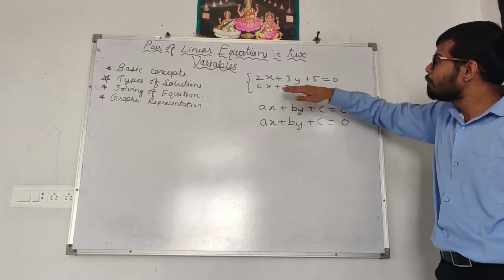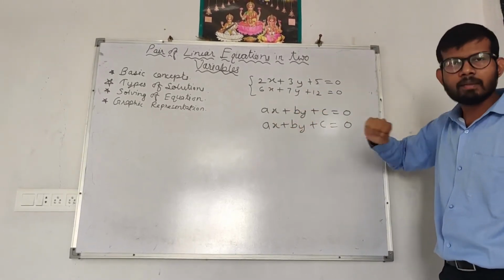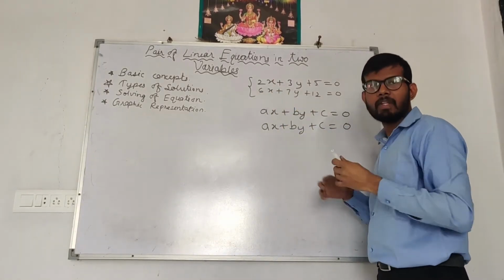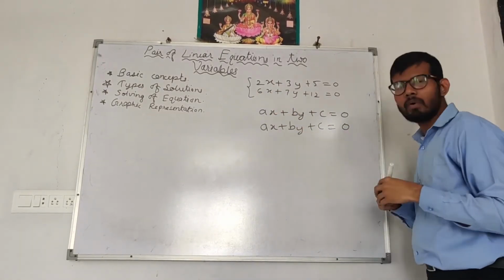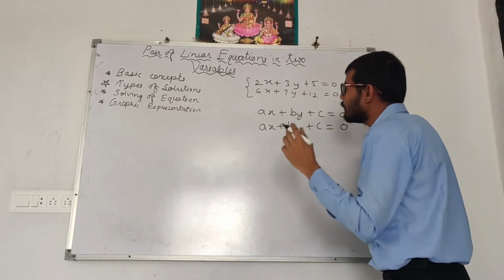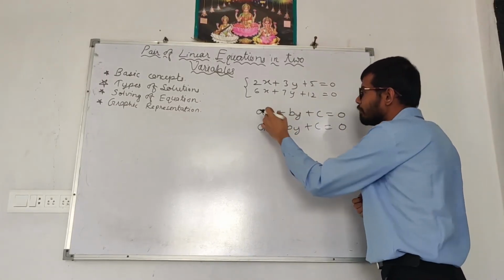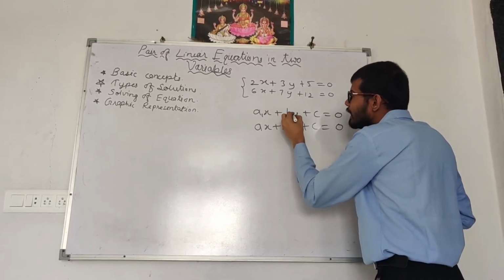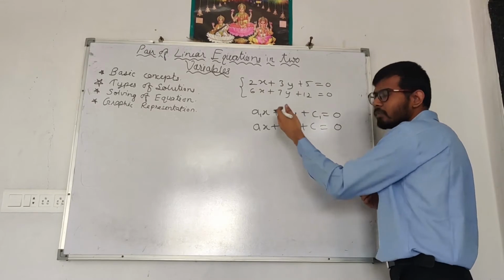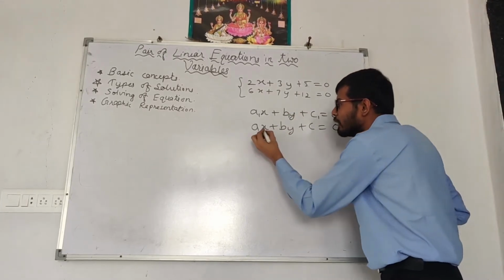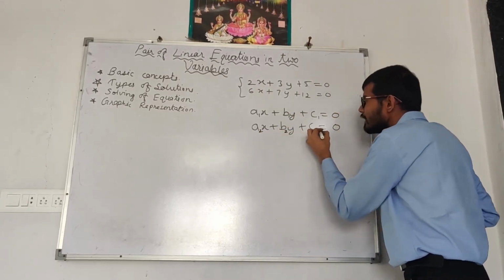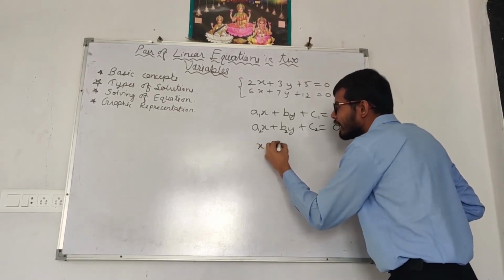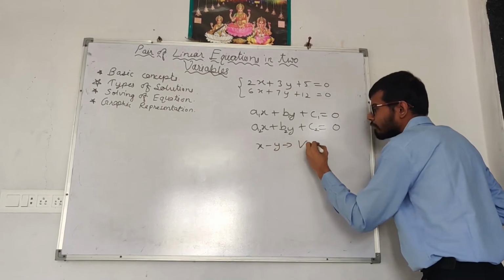You can see that for both equations the general forms are the same, but we cannot distinguish between them. So to distinguish, we will change the real numbers in them. That is, we will convert a into a1, b into b1 and c into c1 for the first equation. And for the second equation, we will use a2, b2 and c2. Now in this general equation, x and y are variables.